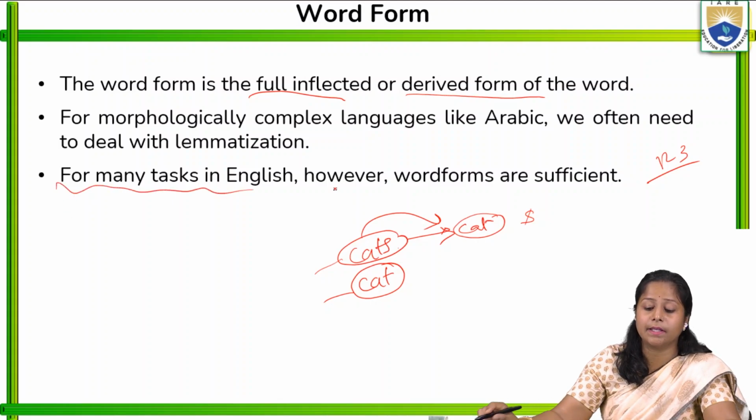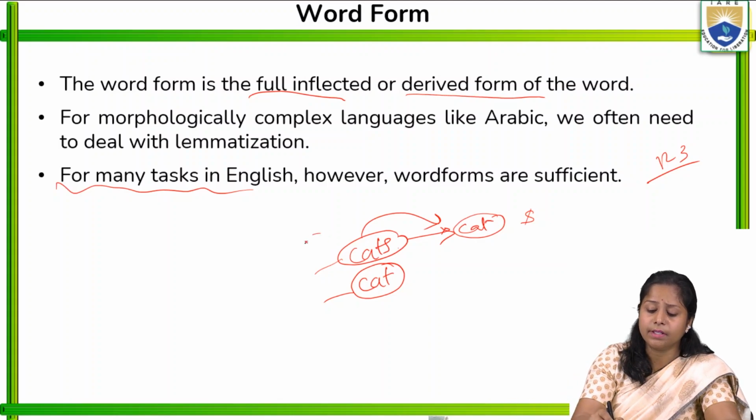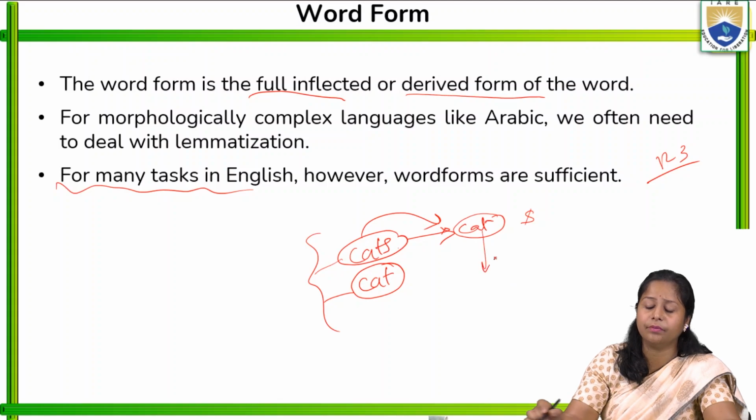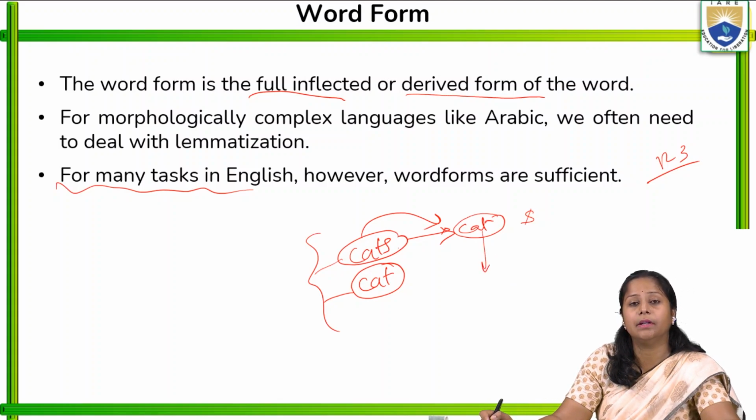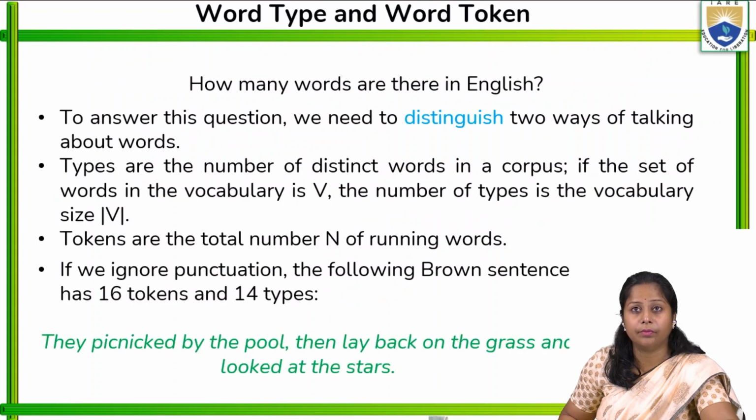For many tasks in English, however, word form is sufficient information, because we cannot derive many words from a derived word. So we need to understand the word form.